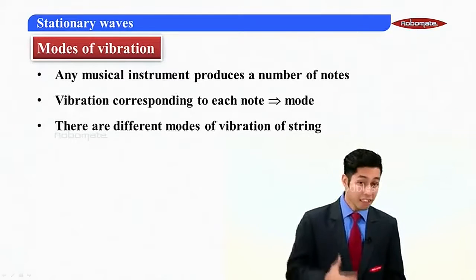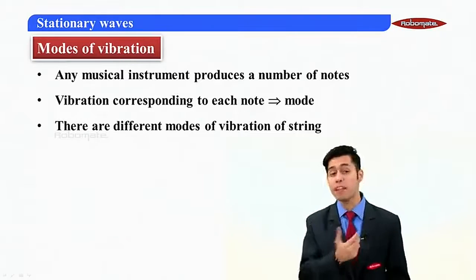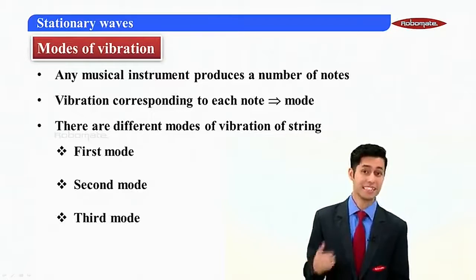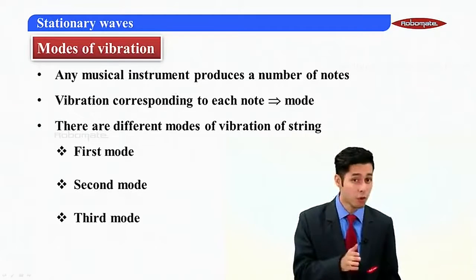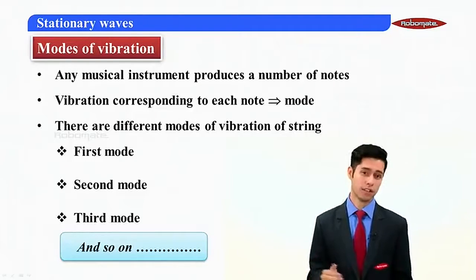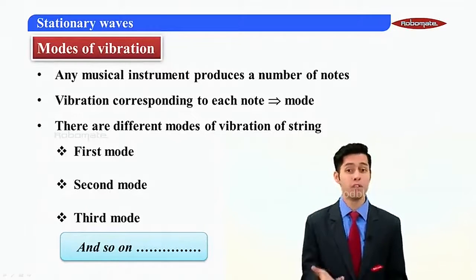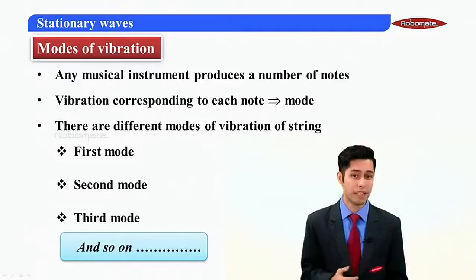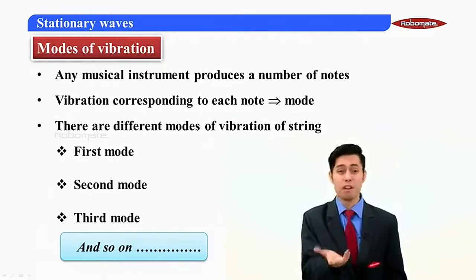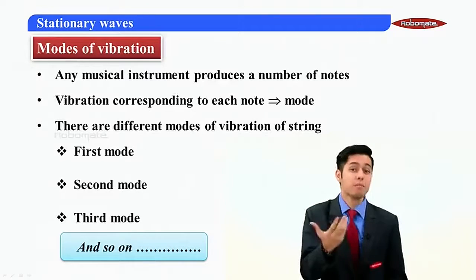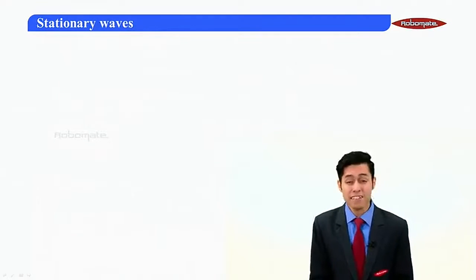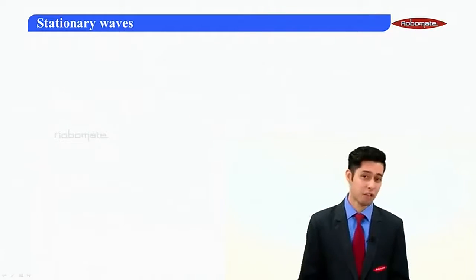And there are different modes of vibration of a string, like we have first mode, second mode, third mode, and so on. So there are n number of modes for vibration of a string, because any musical instrument can produce n number of notes, hence there are n number of modes for vibration of a string. So let us study one by one each and every mode.